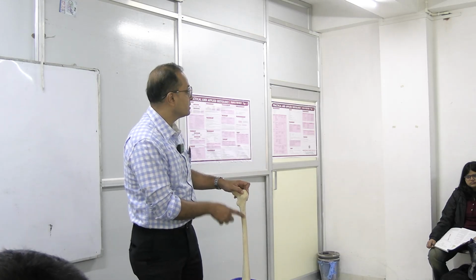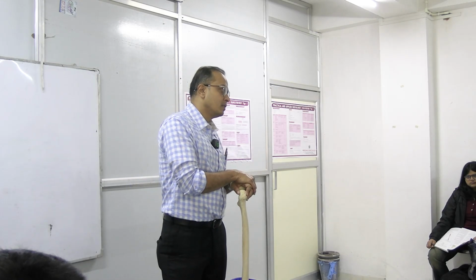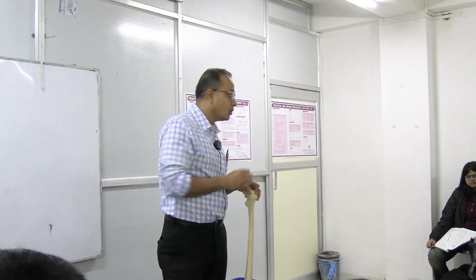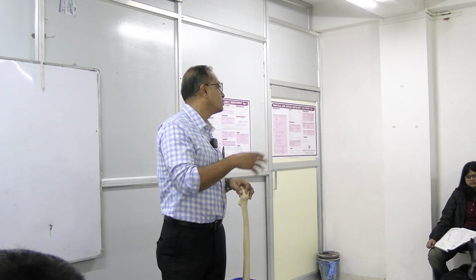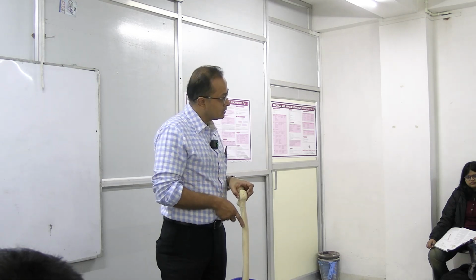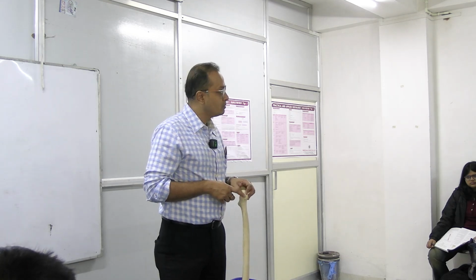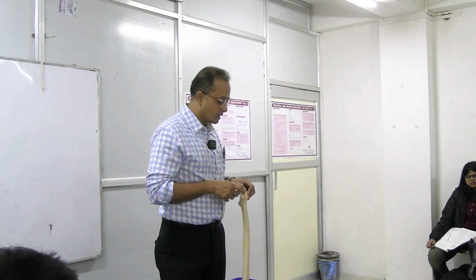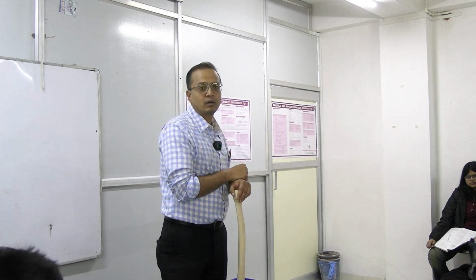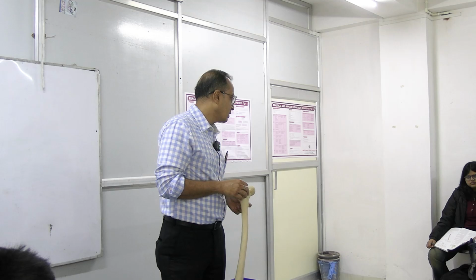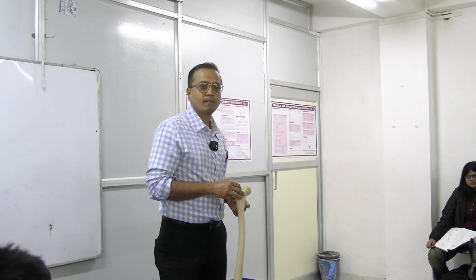We call this roughness here the gluteal tuberosity. On the gluteal tuberosity we have gluteus maximus attached. So, gluteus maximus is attached on the gluteal tuberosity, gluteus medius and minimus, anterior to posterior, are attached on the greater trochanter, and on the lesser trochanter we have iliopsoas.